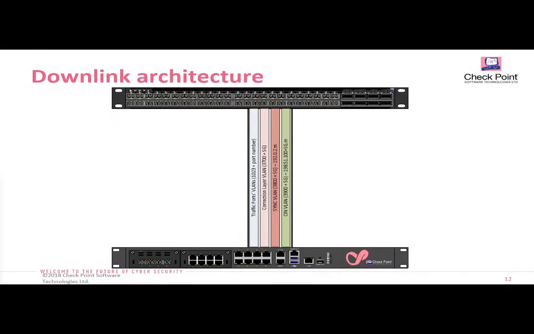Next, I would like to go over this graphic that I'd already shown in an earlier module, but I just wanted to cover it a little bit more. Downlink interfaces between the orchestrator and the security gateway module use several different VLANs to separate different types of traffic.